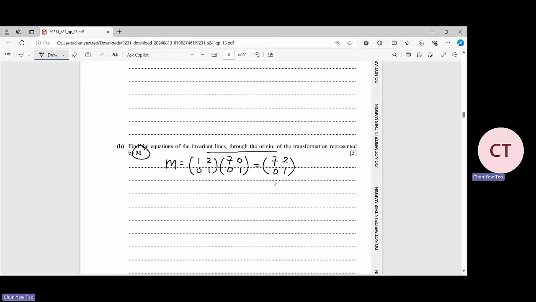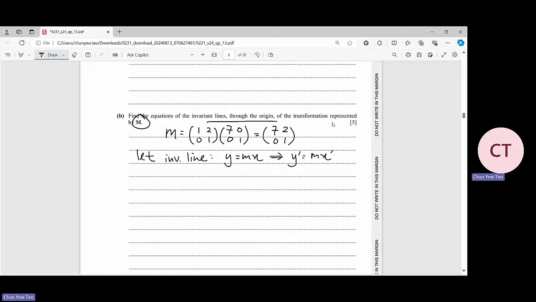And we want to find the invariant line for this transformation. So we just let our invariant line be y equal to mx. Since in an invariant line, after you transform, you still get back this. So to find the invariant line, we take the matrix over here, then this is the x, this is the y.